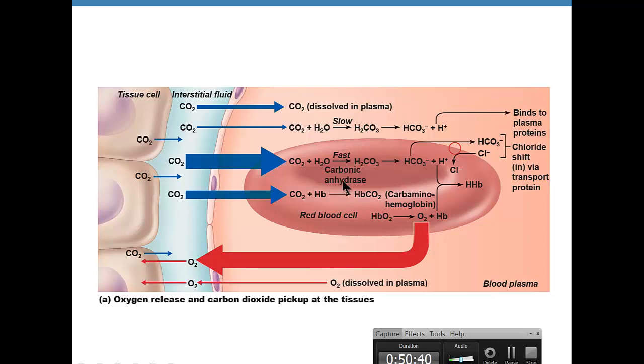That's where this enzyme is found, this carbonic anhydrase, and that is going to convert it to carbonic acid, which will dissociate into bicarbonate ion and hydrogen ion. The bicarbonate ion diffuses out of the red blood cell and pulls in a chloride ion at the same time. And again, we call this the chloride shift. It's this exchange of bicarbonate ion and chloride ion from the red blood cell.